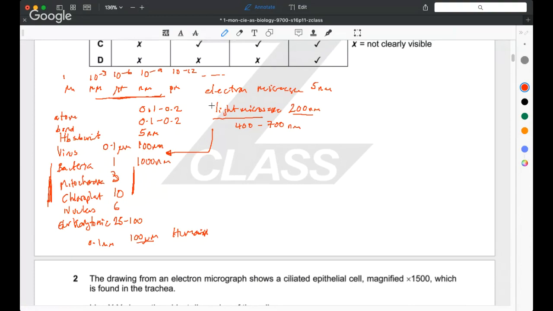So that's a quick run through distances in chemistry and in cellular biology, and looking at the kind of resolution that you can get with a light microscope and an electron microscope is going to be the key into some of these early questions about size that typically occur at the start of these multiple choice papers.